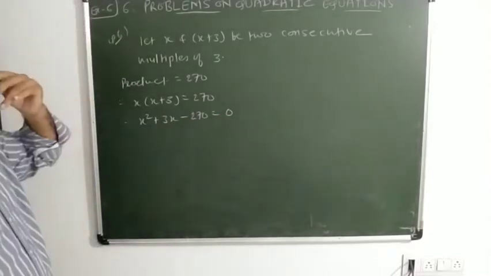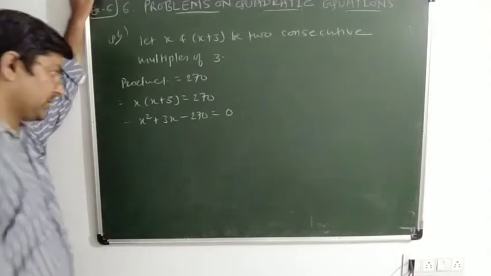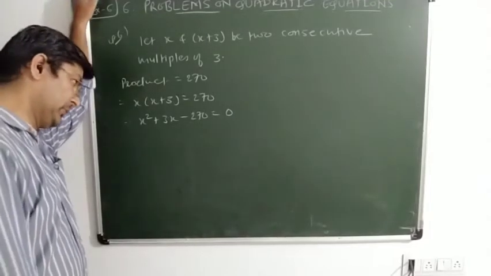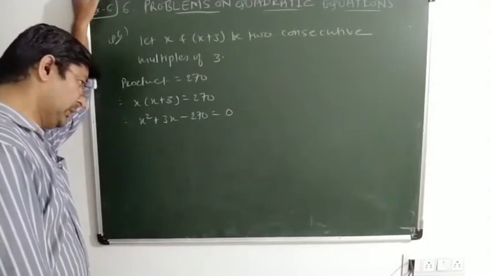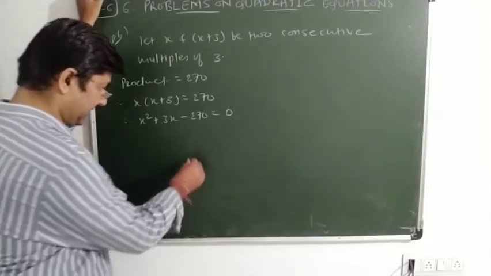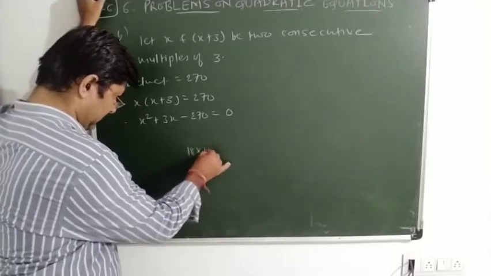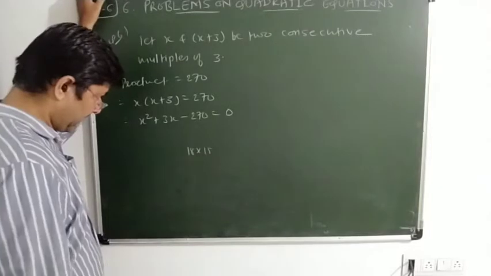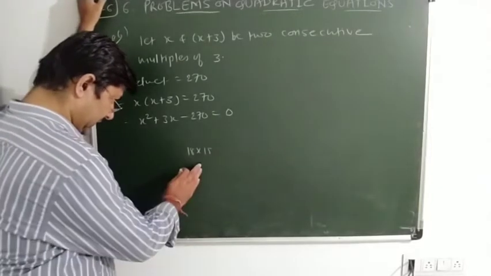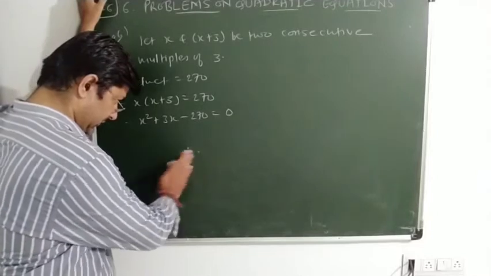Okay, now find two factors of 270 such that the difference is 3. What would be the difference? 18 and 15 we can try. 15 times 18 is 270.